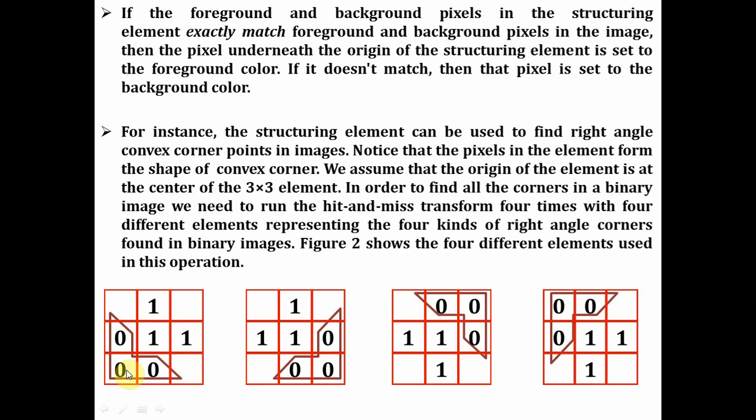So you can consider either the zero right angle convex or the one right angle convex. We will see by using both. First, we'll consider this.